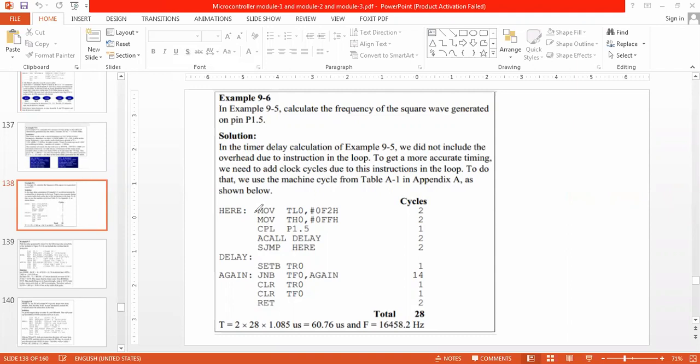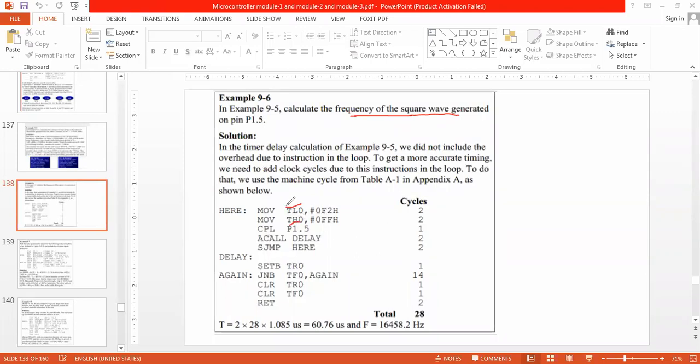Write the steps for mode 1 programming. Write the steps for mode 2 programming. Write the program to generate a square wave. Here they will give the time period also, and depending upon that time period, you have to calculate the value to be loaded into TL0 and TH0.